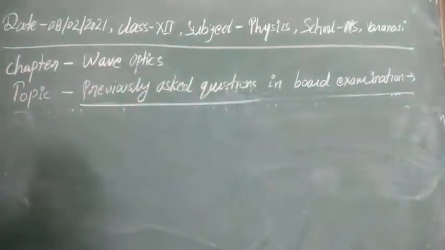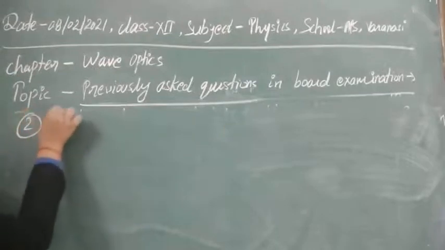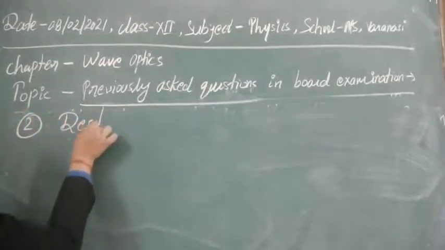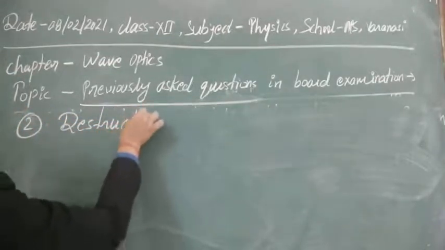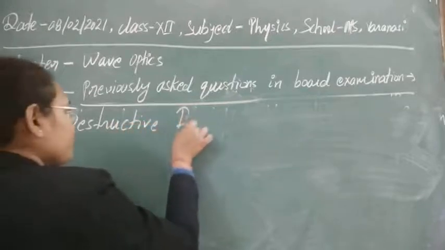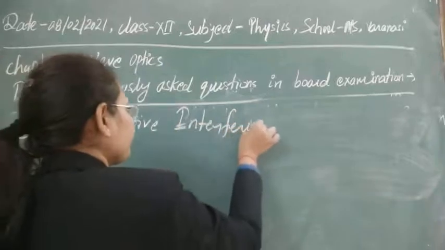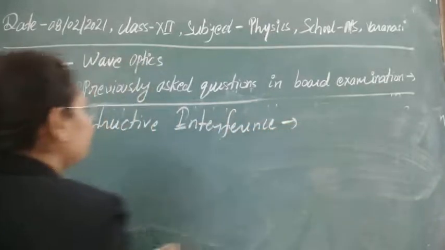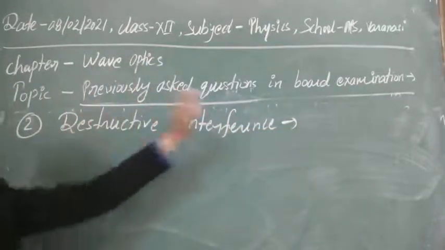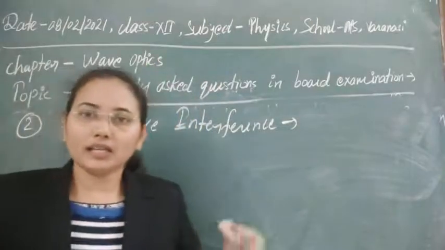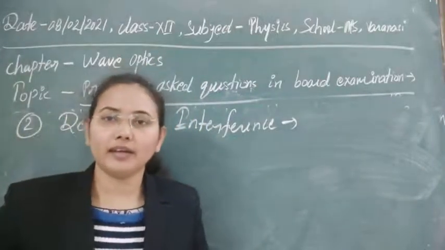The second case is destructive interference, or the condition for minima, or the condition for dark fringes, whichever you call it.